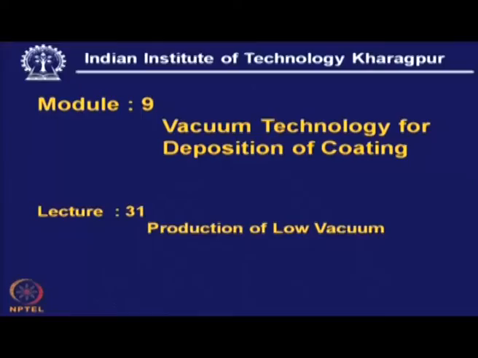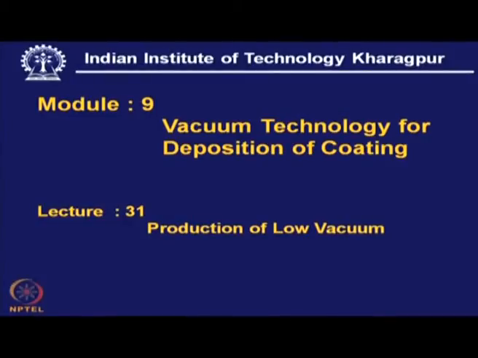So, this is one important aspect of coating technology or surface coating techniques, and this vacuum technology is part and parcel of it. Though it is a peripheral support, it is one of the most important supports for a particular coating process.